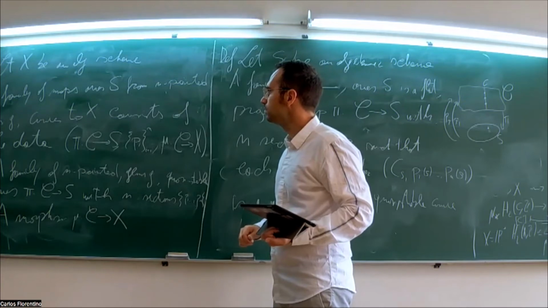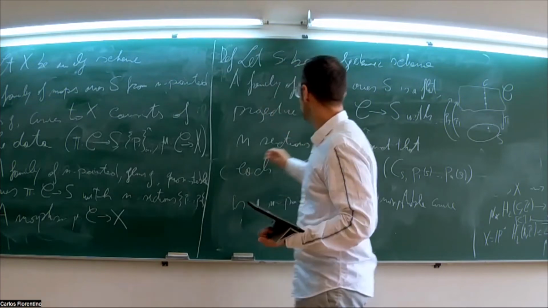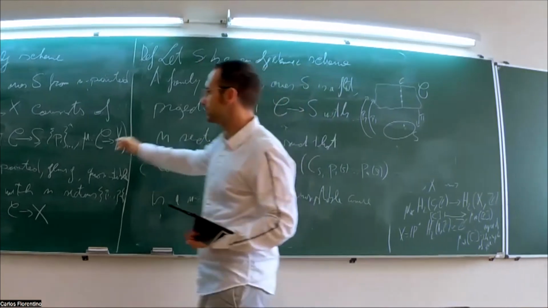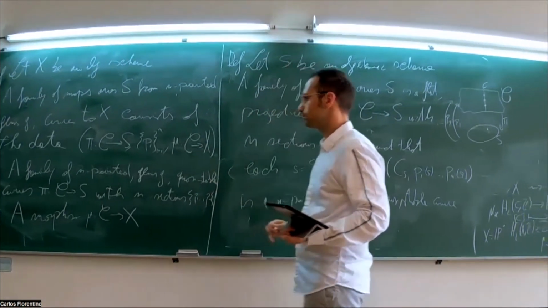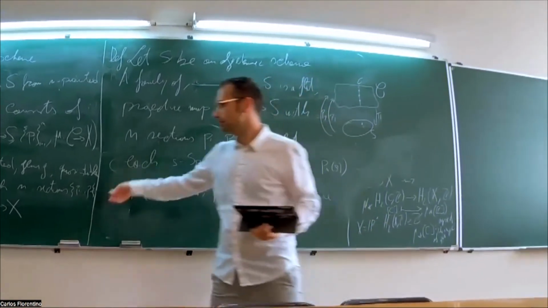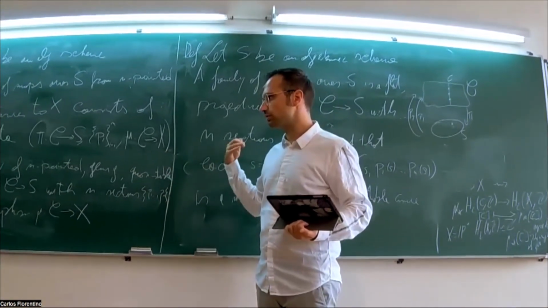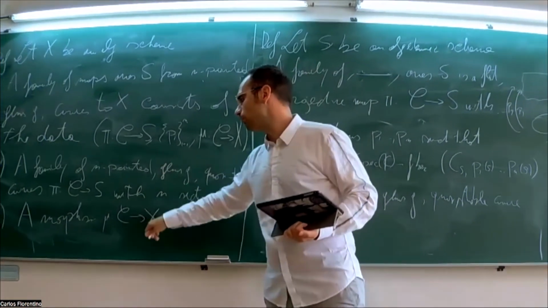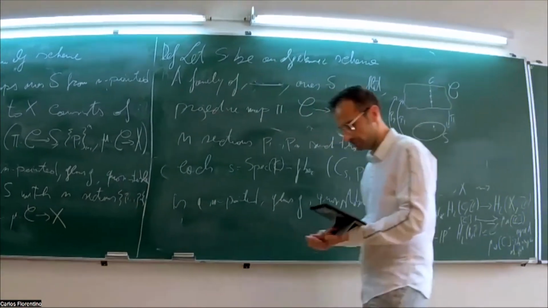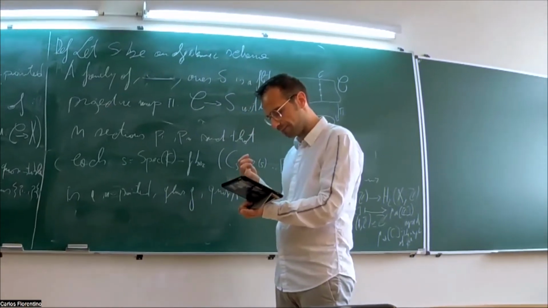So basically it is this definition plus a morphism mu from C to X. And the definition is quite logical. It's a family, as before, and a morphism, simply a morphism. Okay.